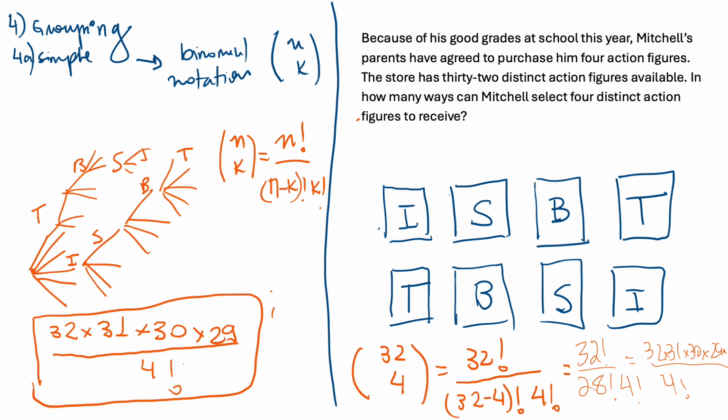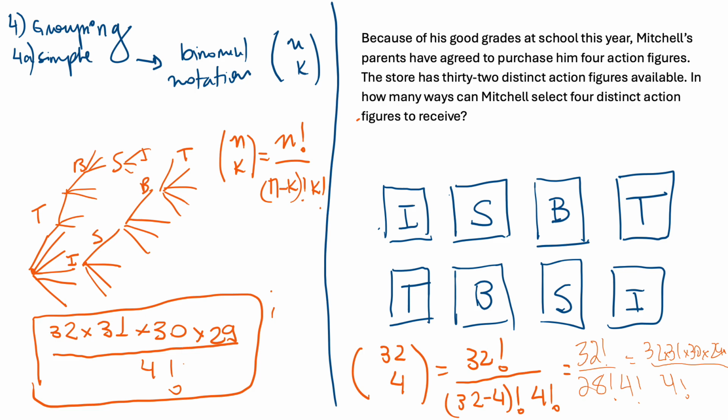But it is actually imperative that you know the formula, because sometimes in the multiple choices you will have the binomial notation there, and you will have to understand what it is.